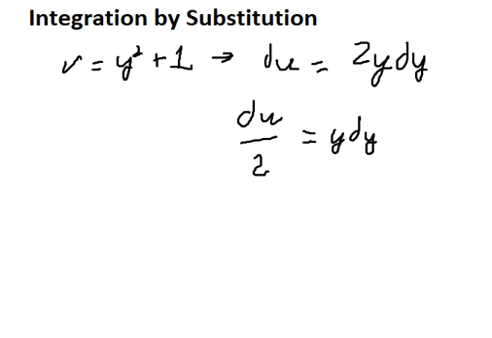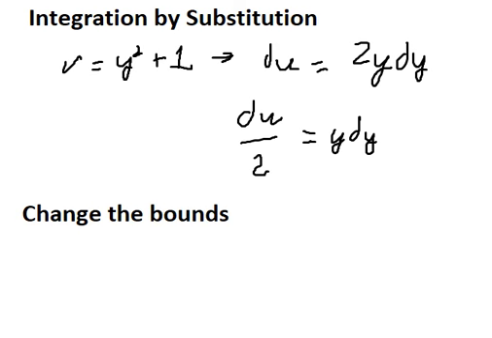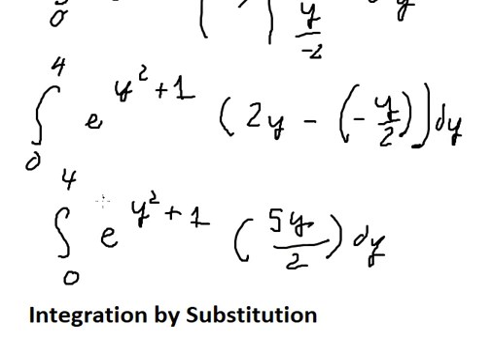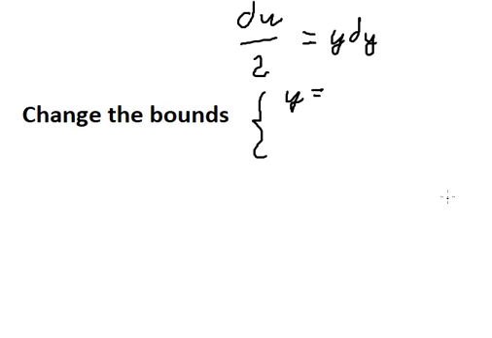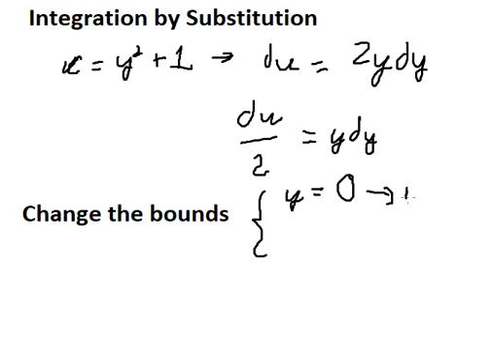And then we need to change the bounds. So when y equals 0, we put 0 going here, and we can find the value of u. And u equals 1.